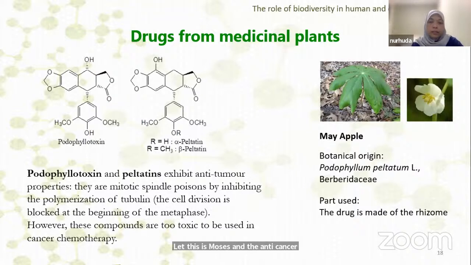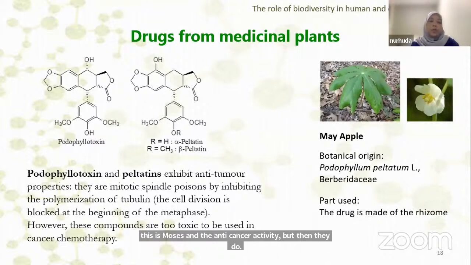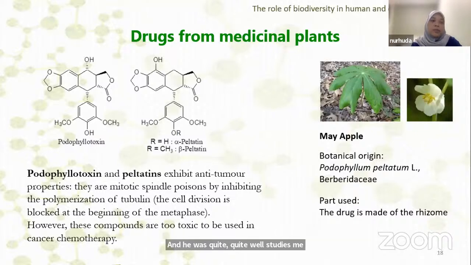Podophyllotoxin, upon lab test, possesses anti-cancer activity, and it was quite well studied. They found that podophyllotoxin inhibits the formation of tubulin. Tubulin is, what to call this, the strands that form in mitosis, to bring the chromosomes to the middle of the nucleus so that the cell can be divided.